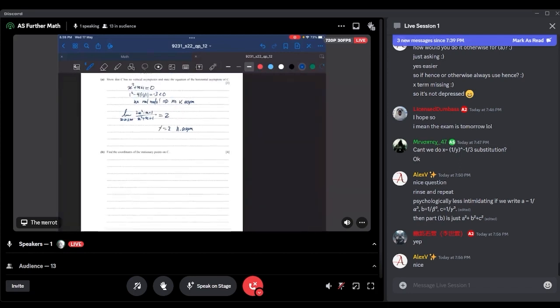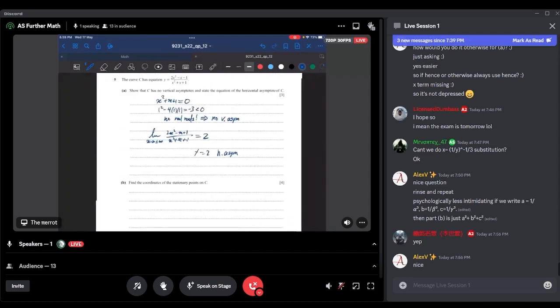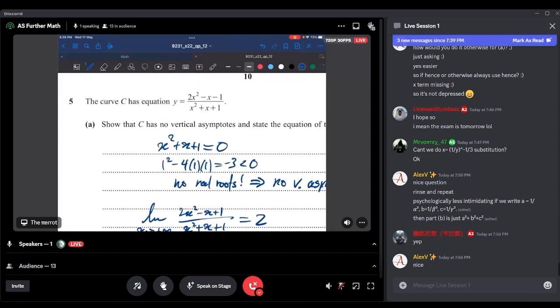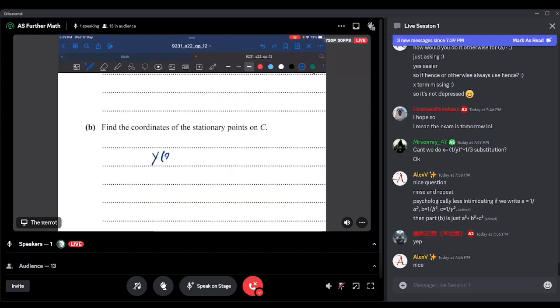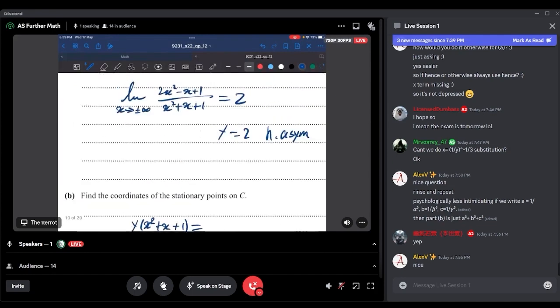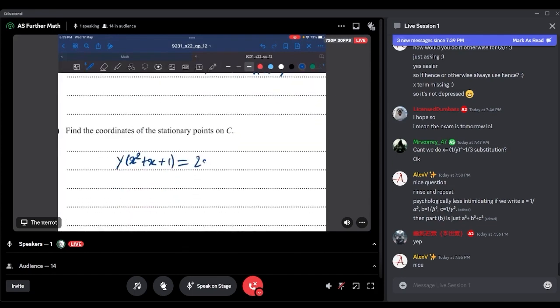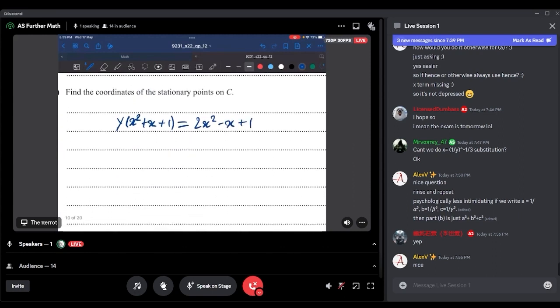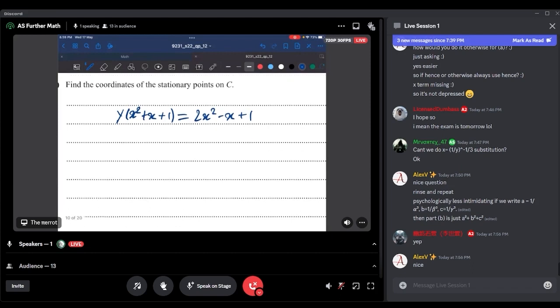So instead of taking the derivative, I'm going to multiply this to the other side. So here we have y times x squared plus x plus 1 is equal to 2x squared minus x plus 1. Now we bring everything to the left-hand side.